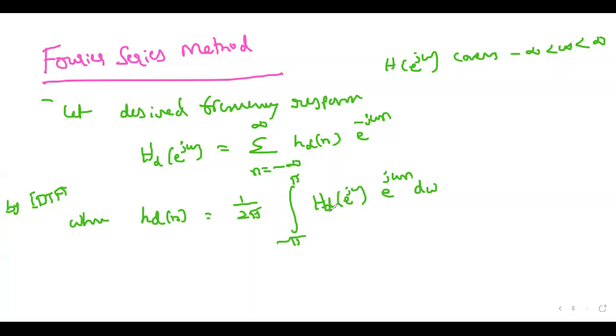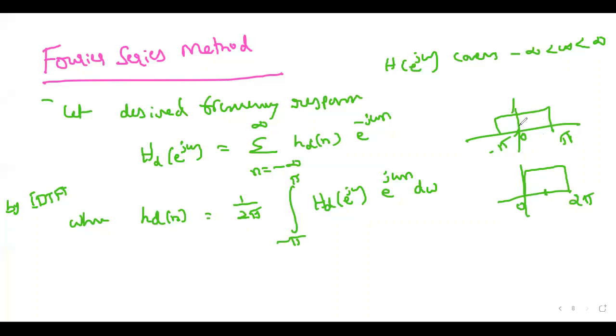And see here, the omega range is from minus pi to pi radians. So we are designing the filters in this range, total one period from minus pi to pi. So now the center will be at 0. If your filter response is taken from 0 to 2 pi, then the center will not be at 0.